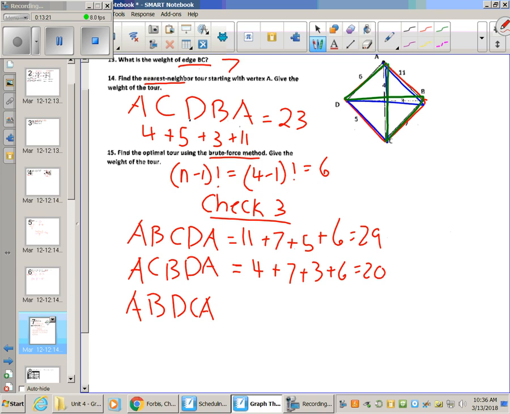And then for the last one, ABDCA, it's going to be 11 plus 3 plus 5 plus 4, which is 23. So the one that gave me the smallest was ACBDA, with a weight of 20. And you could have given me the mirror image as well. That's completely fine too. You could have given me ADBCA as well. Either one's fine.